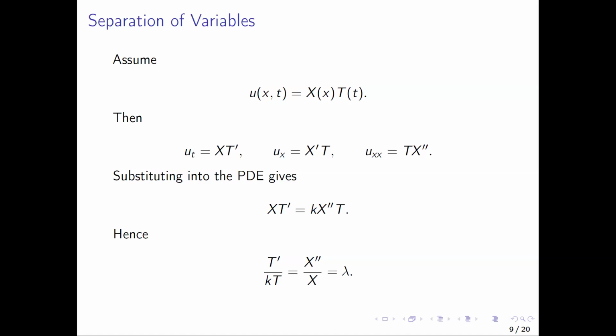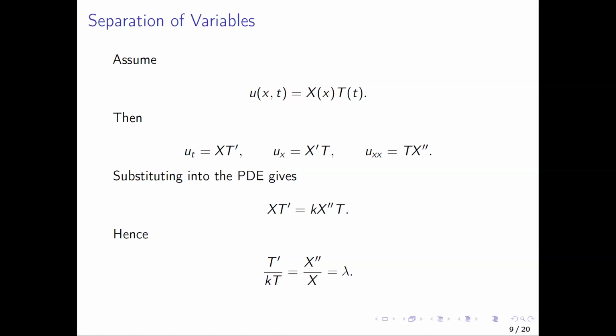So you don't need to construct utt here. If you take the derivative with respect to t, the x part will be constant, so you will keep your x, but you will take the derivative of the second factor, t, which we call t prime. So you get ut.